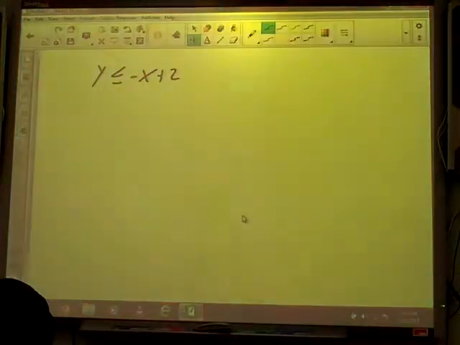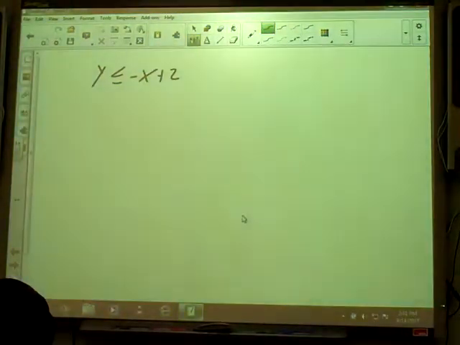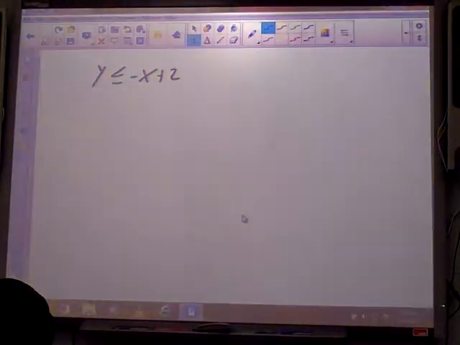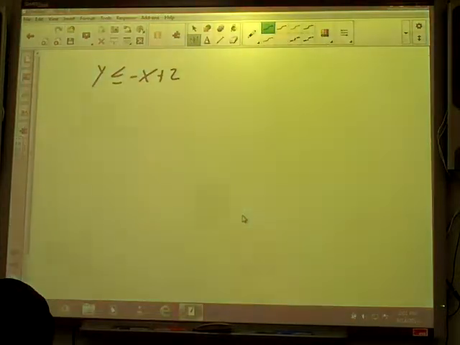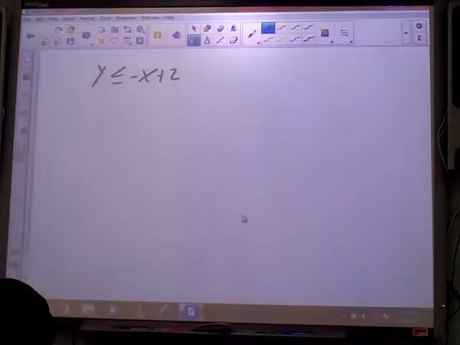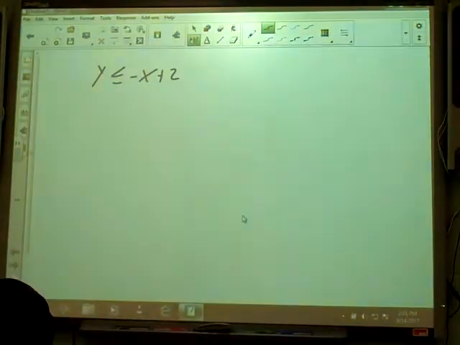Okay, so here's what the choices are for that. The boundary of the graph of y is less than or equal to -x plus 2 will be a solid or a dashed line, and the shading will be above or below the line. Solid or dashed, I think you probably know just by looking at it. If you don't know above or below, you might need to draw a graph real fast and figure it out because I'm fixing to call on you.